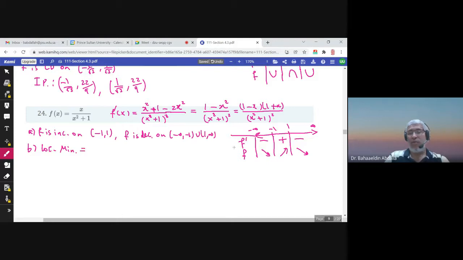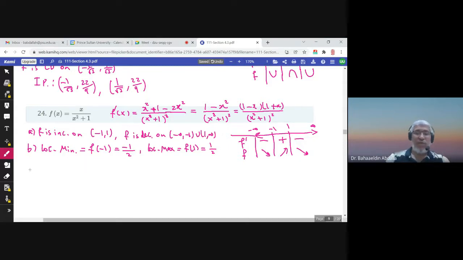The local minimum actually is f of -1, and that would be -1 over 2, and the local maximum would be f of 1, and it is 1 over 2. So this is the answer of part A and B.